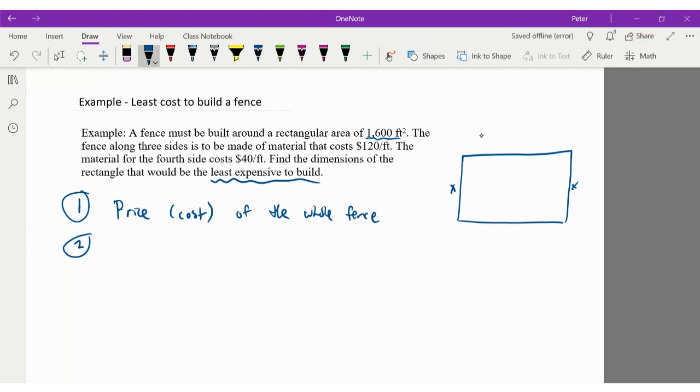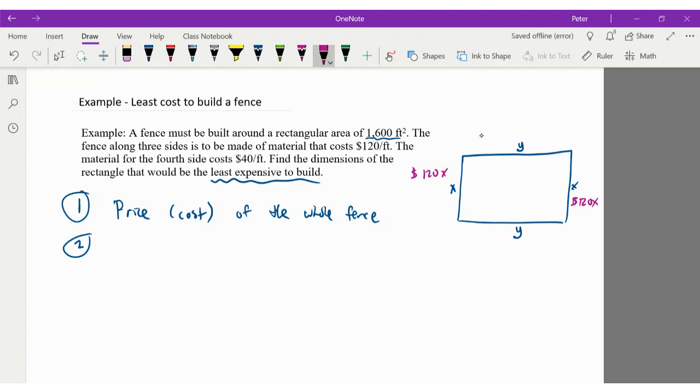I know we usually put X on the horizontal and Y on the vertical. I'm just going to draw it this way because it's the way I did it in my notes. So I've got a rectangle that's X by Y. And there are a couple of things about it. First of all, 3 sides are going to cost $120 per foot to build. So the cost of building this side is going to be 120x, and the cost of building this side is going to be 120x.